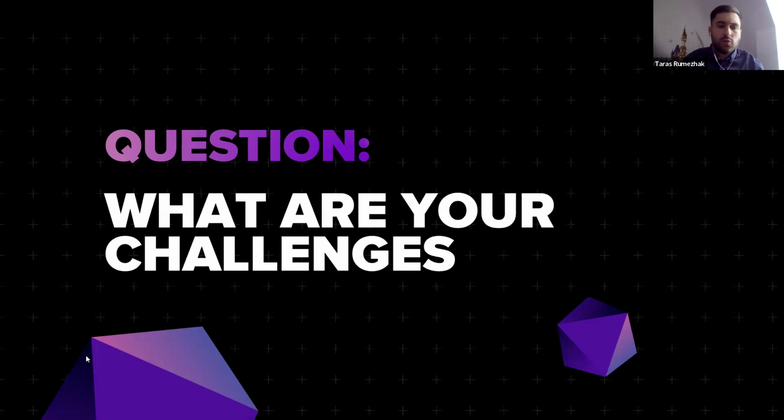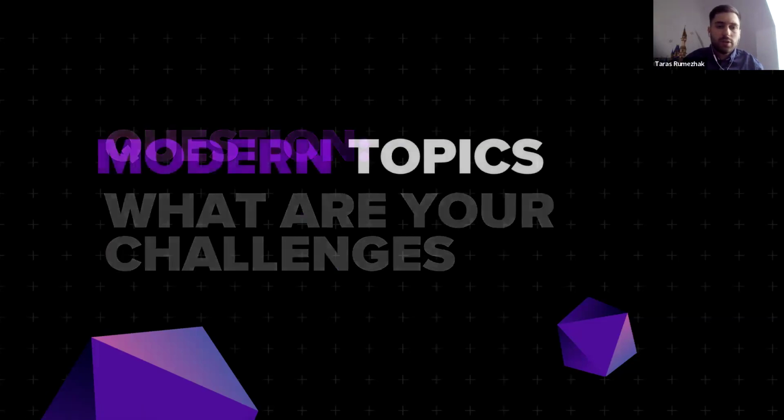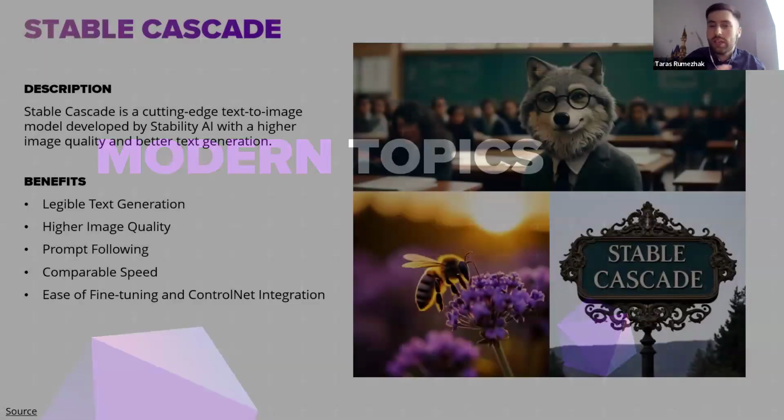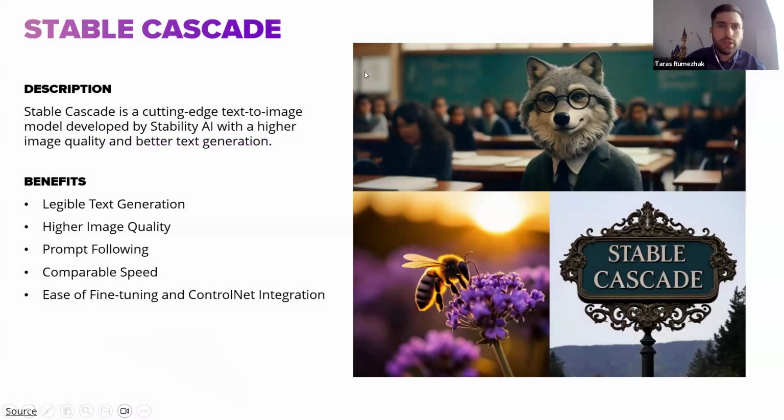Okay, let's move forward. There are still some interesting stuff. Modern topics. In order not to get you bored, I will touch it on a high level. So Stable Cascade. It's as well a modern network from Stability AI.